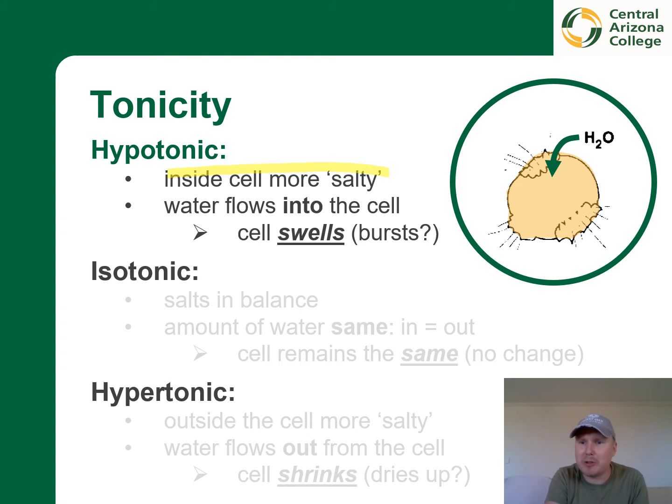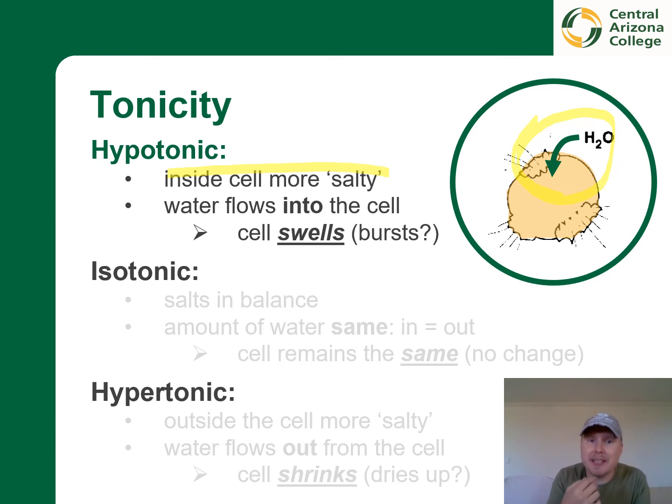And what your body will try to do is that water will be flowing into the cell. The goal is that by adding more water, the contents inside the cell will become more diluted, in fact, to the same concentration as the outside of the cell has.